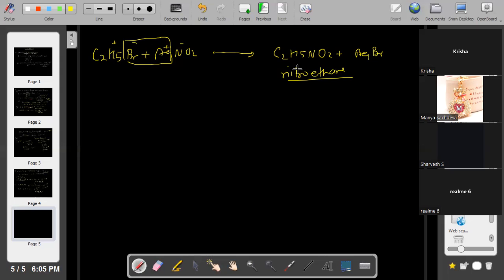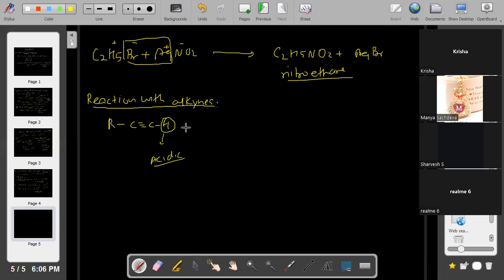Now, reaction with alkynes. What kind of compound will they give? First of all, you have to convert the alkyne into a sodium alkynide ion. In an alkyne, R C triple bond CH, this hydrogen is acidic.